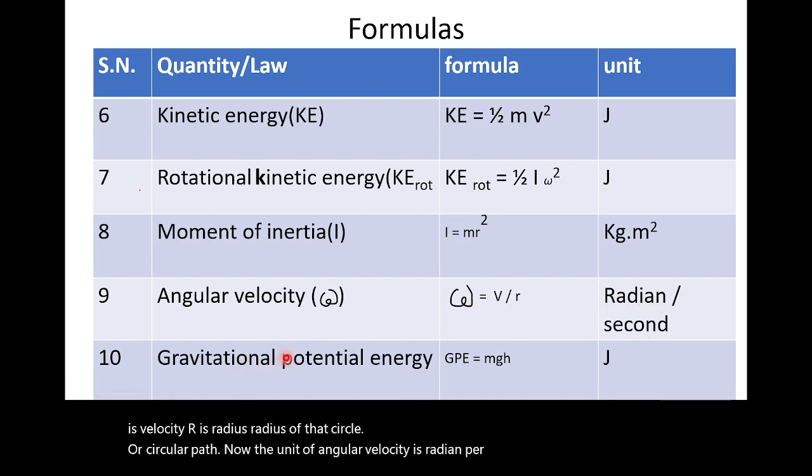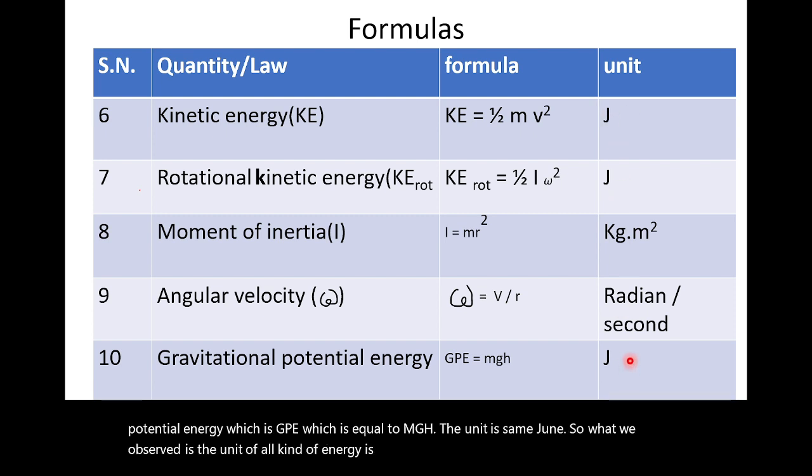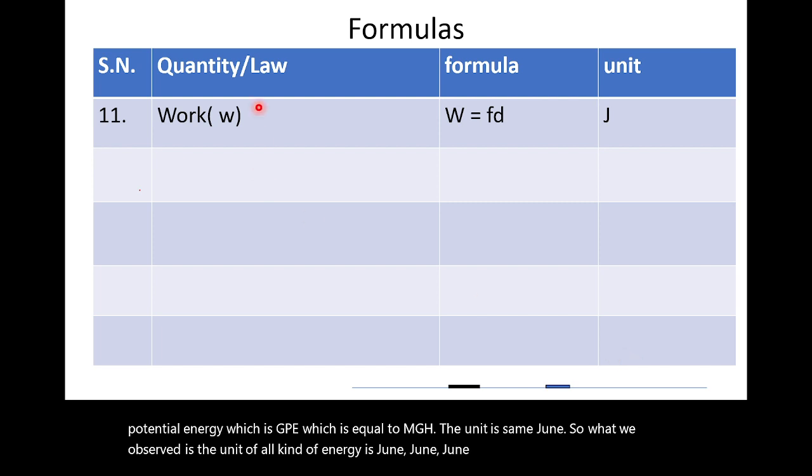Now next is gravitational potential energy, which is GPE, which is equal to mgh. The unit is same, joule. So what we observed is the unit of all kinds of energy is joule. And we know that work is equal to energy.